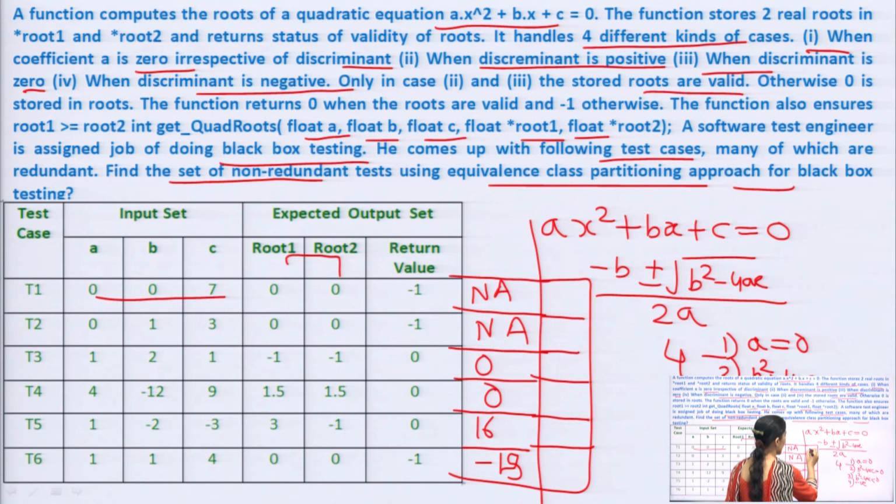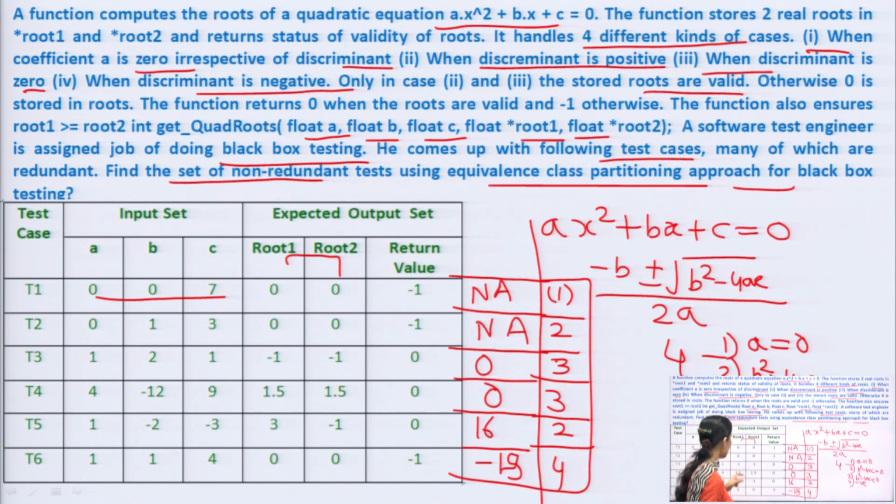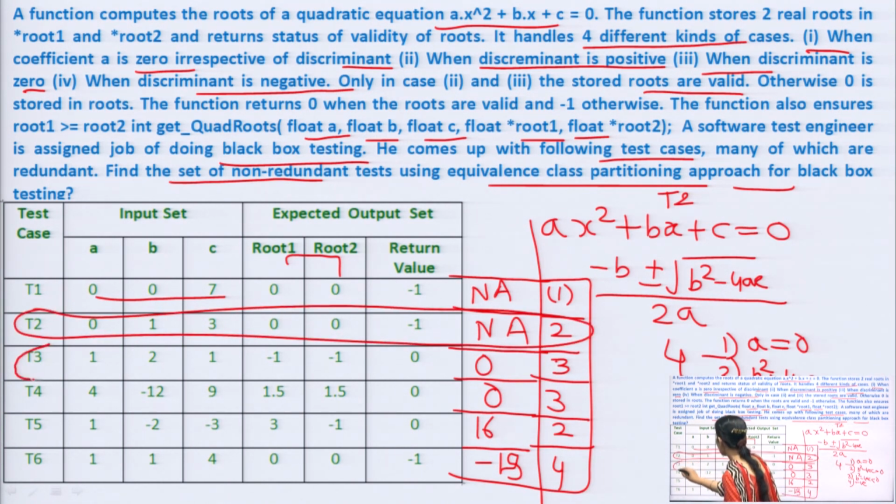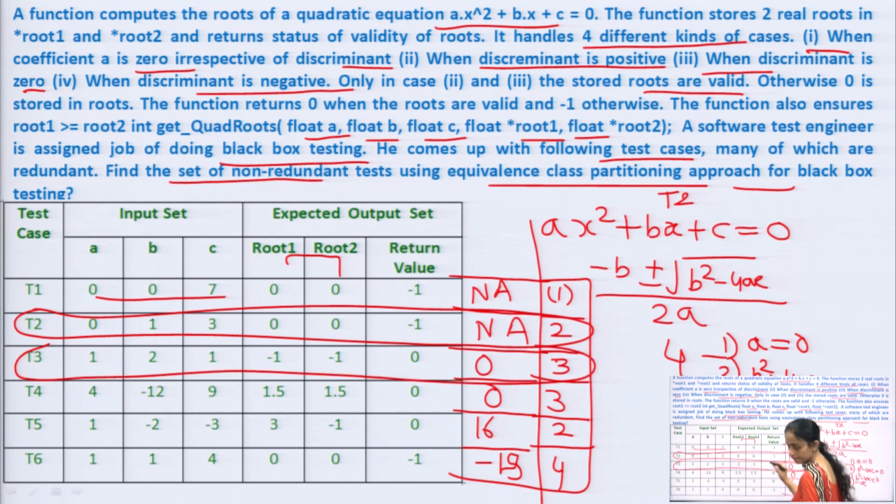Accordingly I will write here the first equivalence class, and then the others. If I have to gather the non-redundant test cases, T2 and T3 fall into the same class, so I can take only one of them.